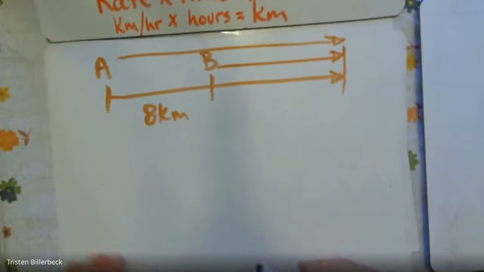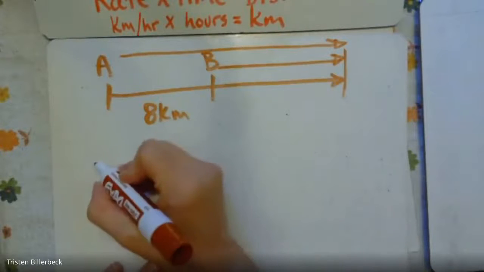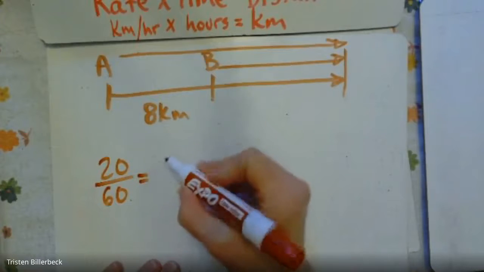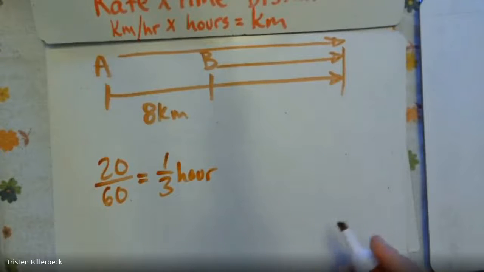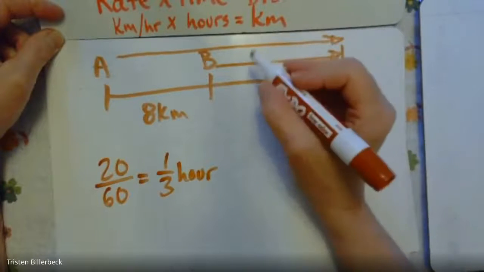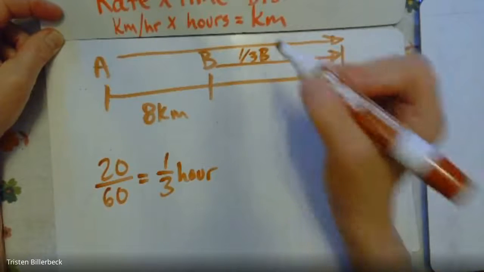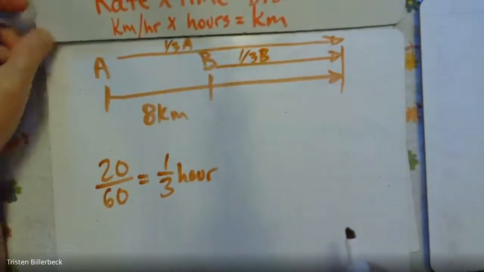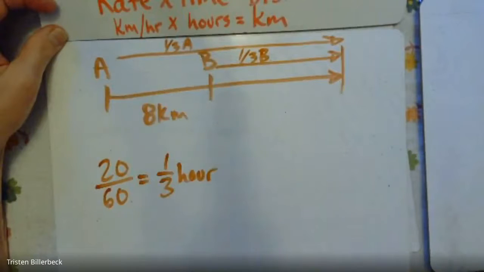So if we have the equations for these two, we know it's in 20 minutes. So the conversion is 20 minutes over 60 minutes is 1/3 an hour. Okay, so 1/3 an hour gives us 1/3 times the rate B and 1/3 times the rate A. So if we subtract these two rates, we are going to get 8 kilometers.